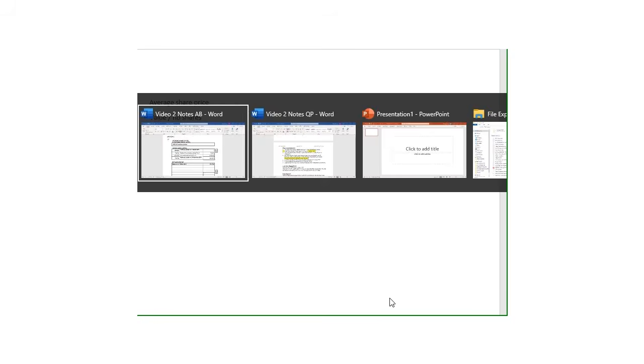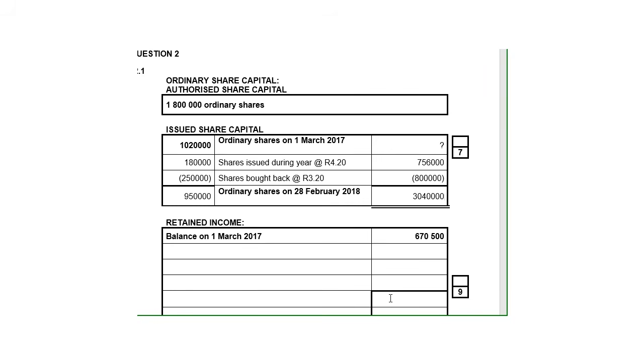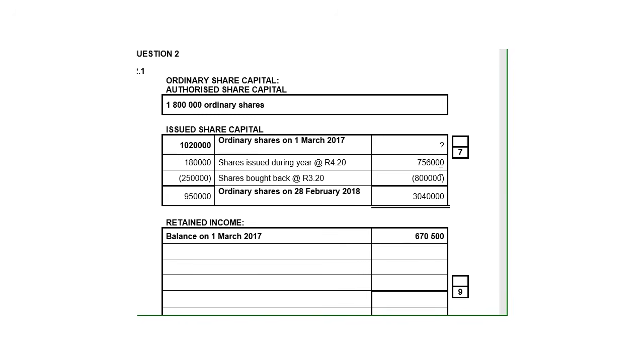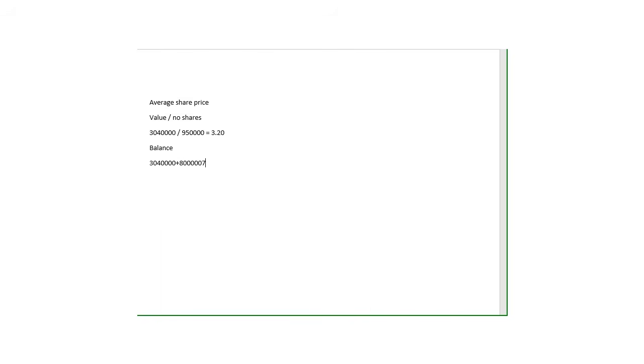So the balance at the beginning, I take the balance at the end, which is 3,040,000. I add the 800,000 and I minus the 756,000.